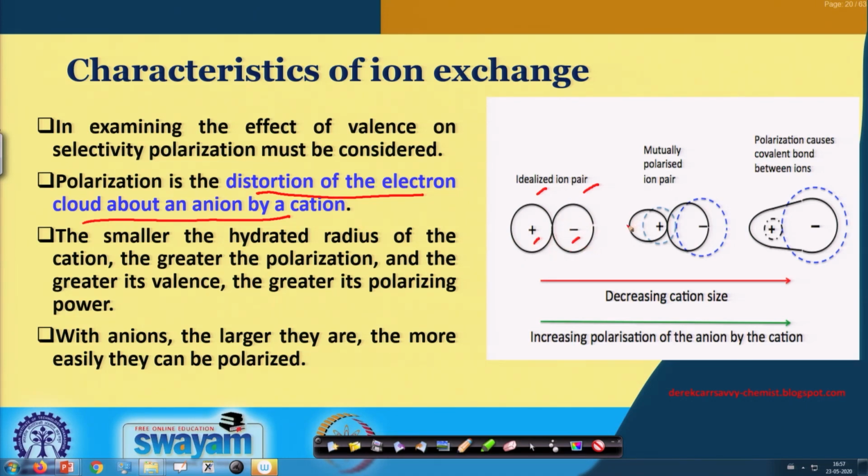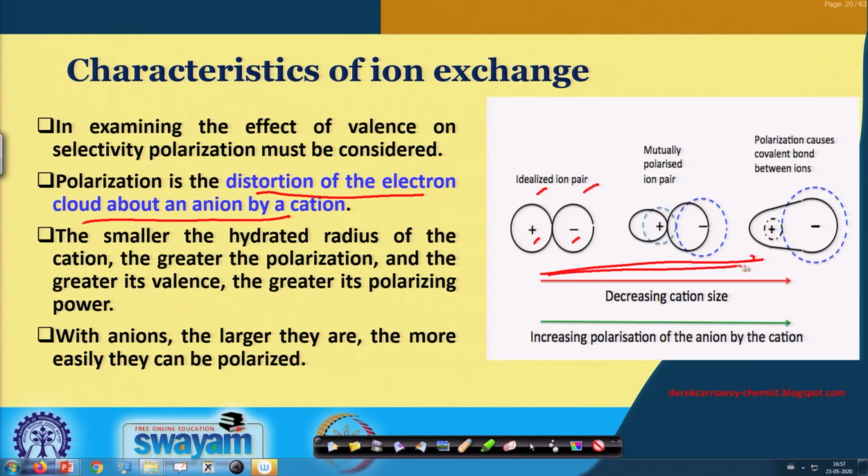Progressively, as we go in this direction, the size of the cations gets smaller. The smaller the hydrated radius of the cation, the greater the polarization, due to the distortion of the electron cloud about an anion by a cation.